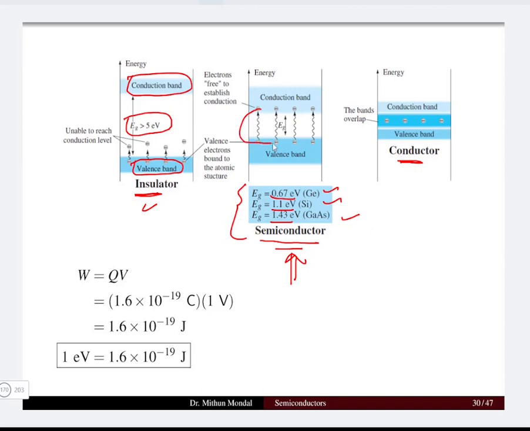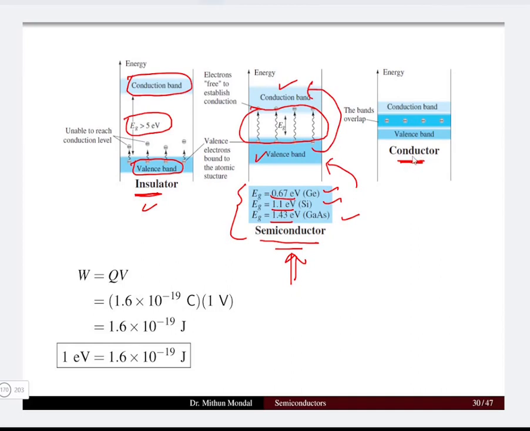This is the energy gap between the valence band and the conduction band. There is no charge particle present, and when some external heat energy is given, the electrons jump from the valence band to the conduction band for the conduction process.